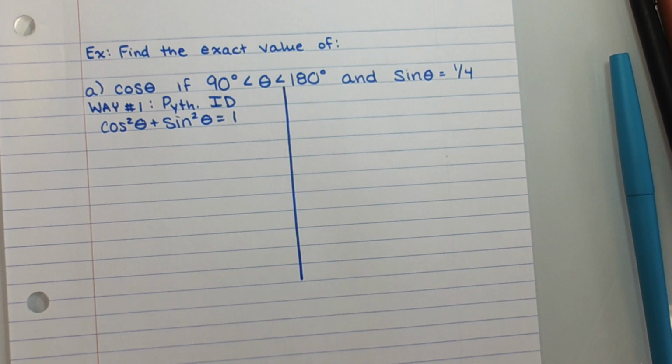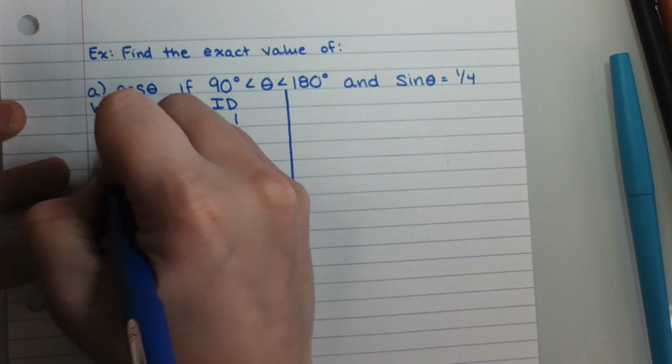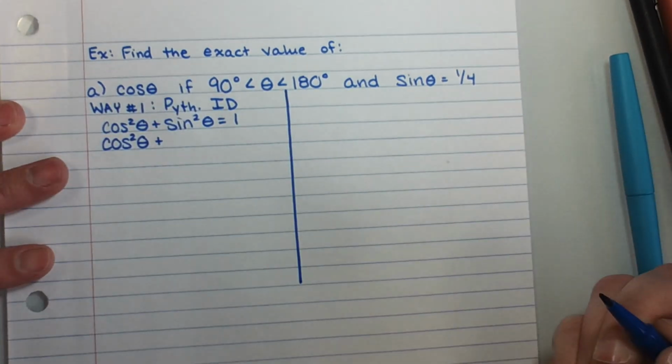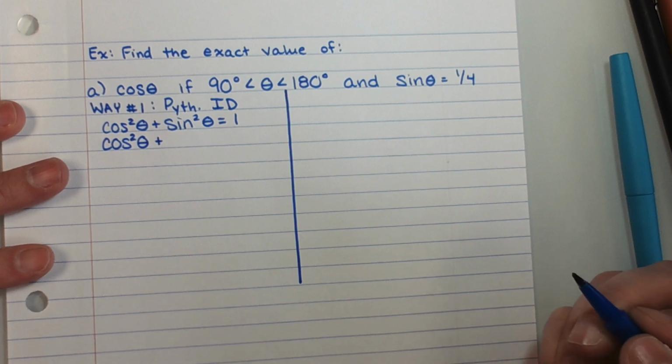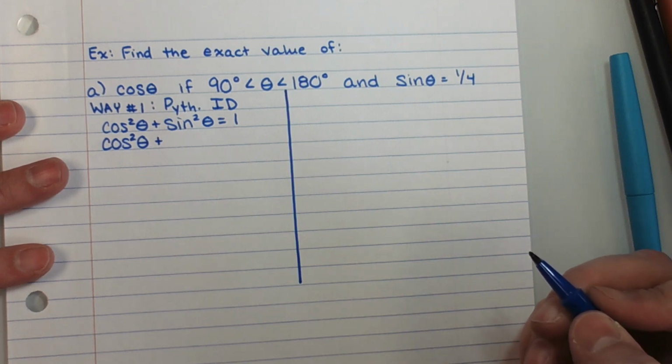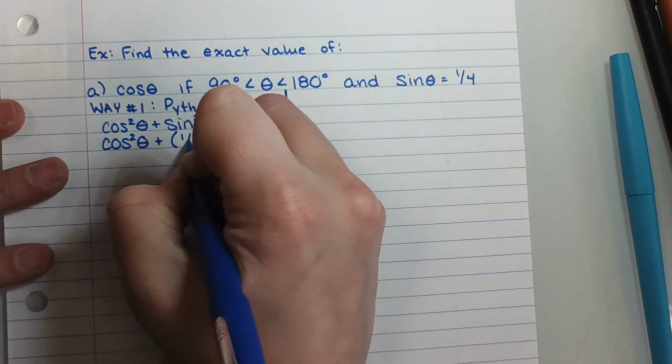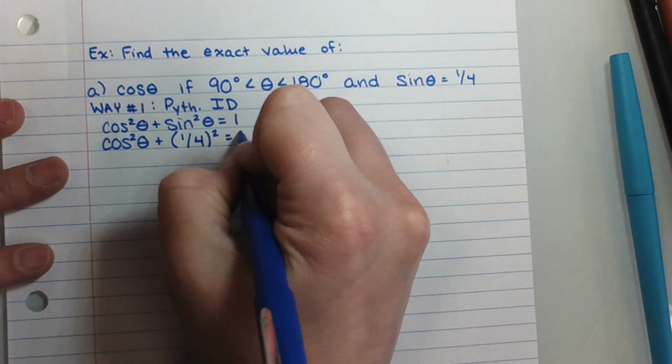I'm looking for cosine, I know sine, so I'm going to plug in what I know. This is still cosine squared theta because I don't know it. Instead of sine squared theta, I'm going to write 1/4 squared equal to 1.